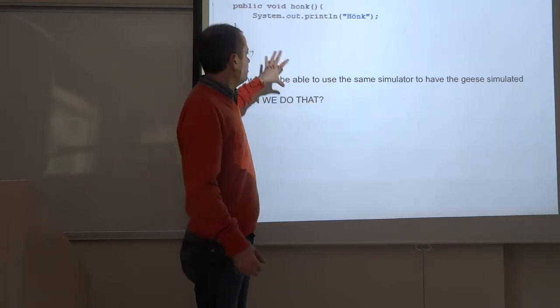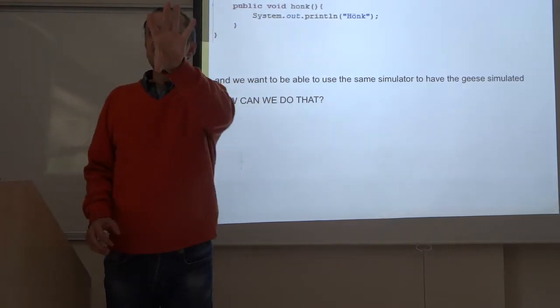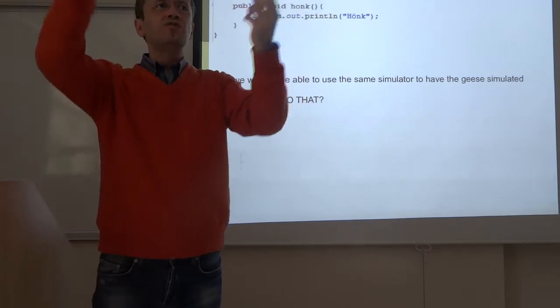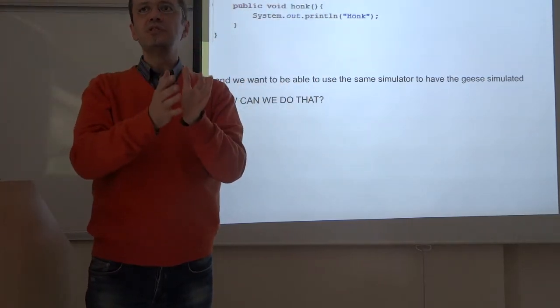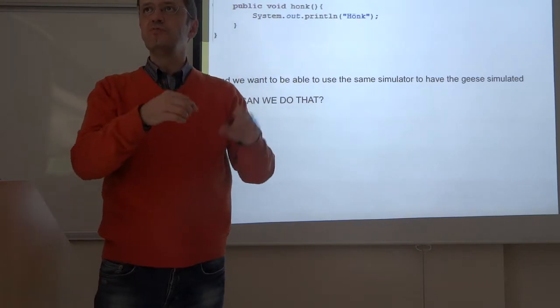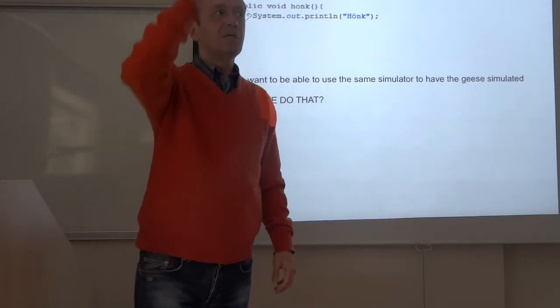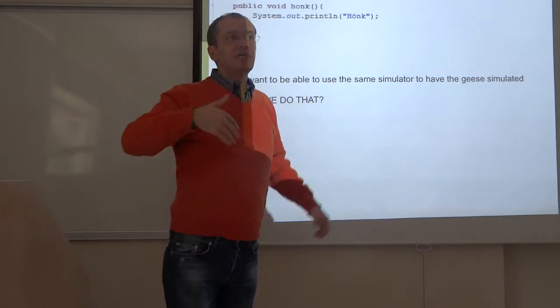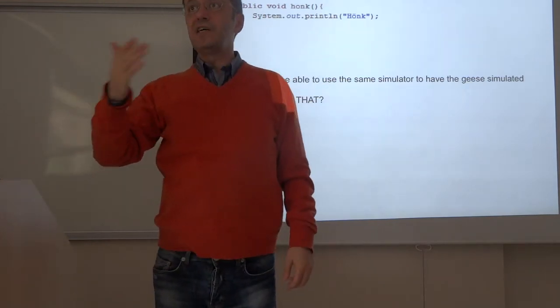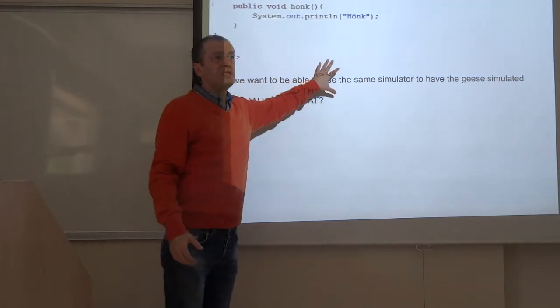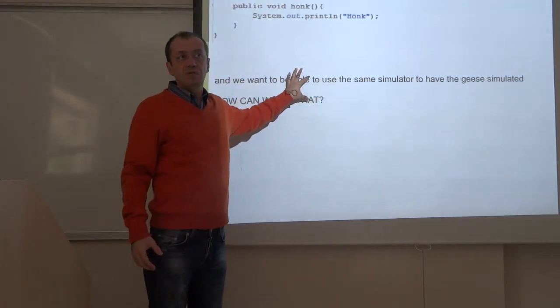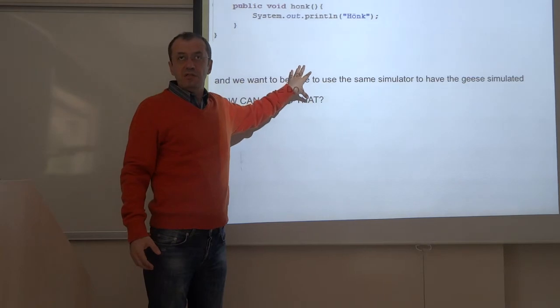So we need another design pattern to be able to integrate it into our simulator, because we want to use it with our simulator. We wanted to call this one under the same method name, quack. All right, so we need a new thing here. You know what it is?